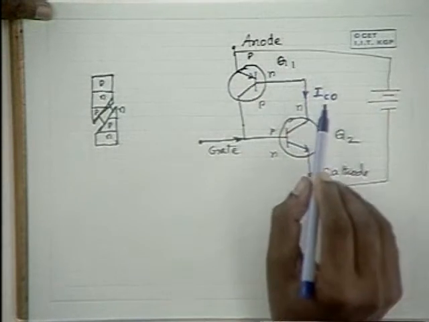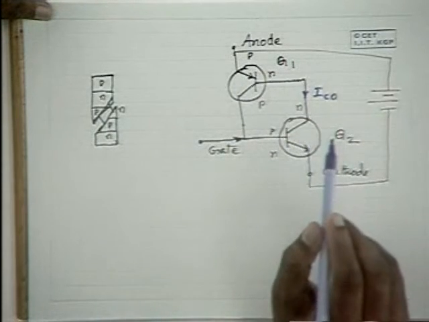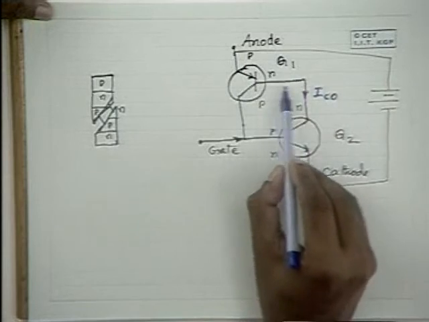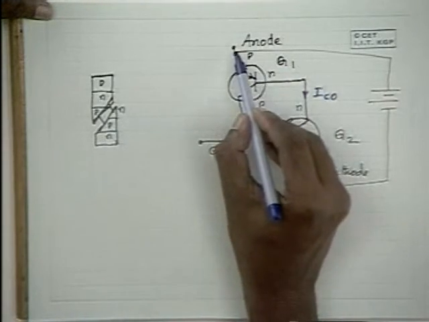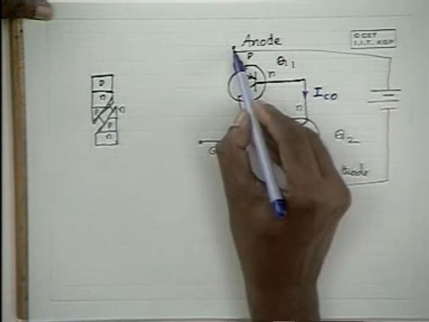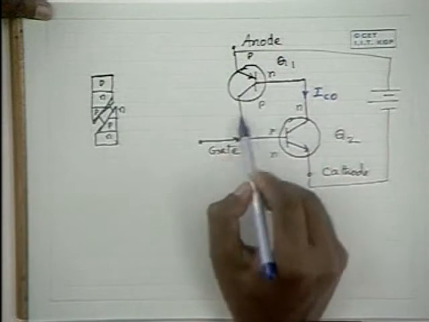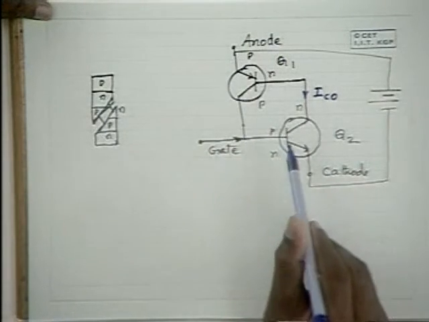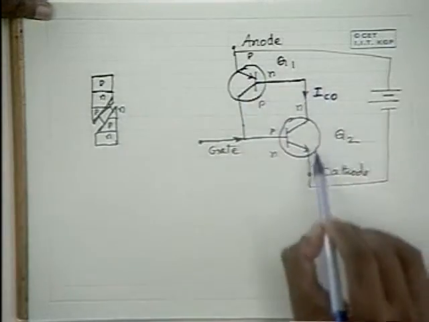The order of IC0 in the case of silicon material is very small, of the order of a few nanoamperes. Hence this current is negligibly small, it doesn't turn on the transistor, and no current flows through this. Except for this small current IC0, there is no other current which flows through this device.